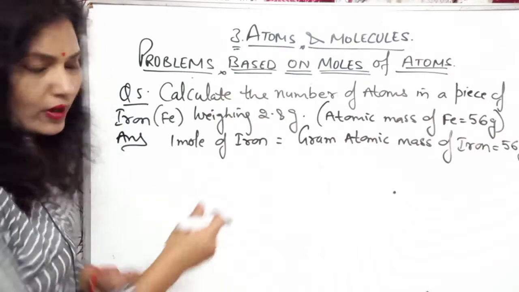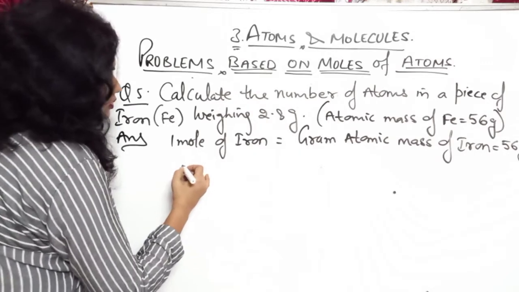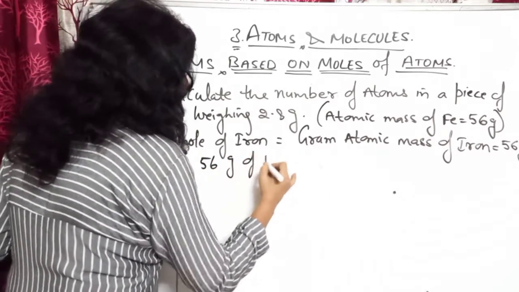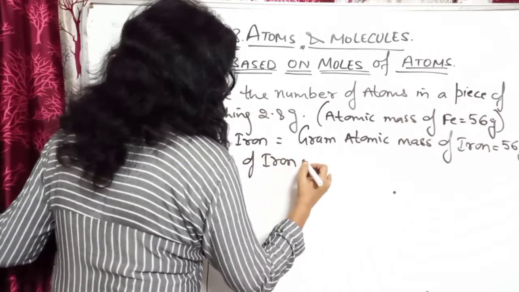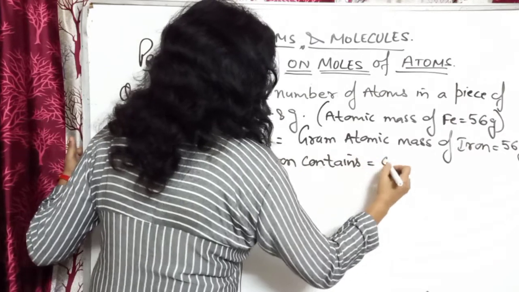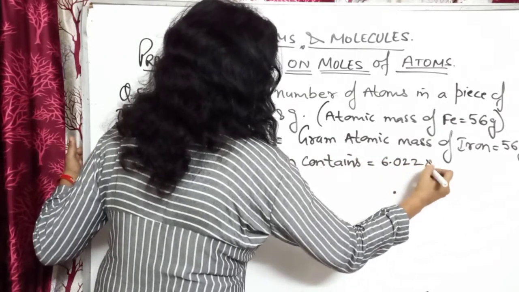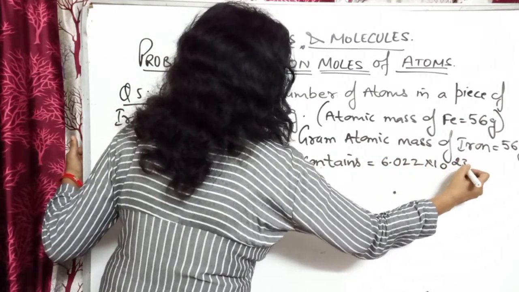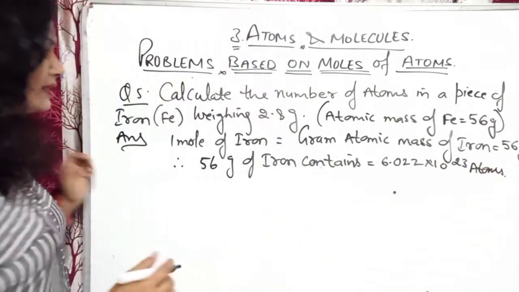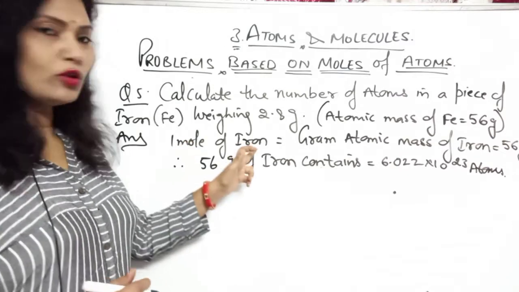So 56 gram of iron contains 6.022 into 10 to the power 23 atoms, as that is equal to 1 mole of iron.